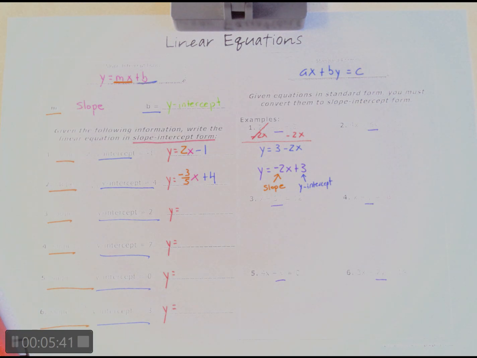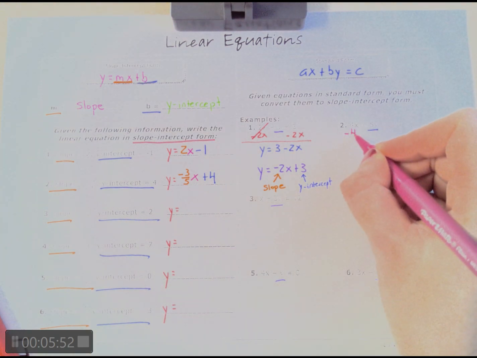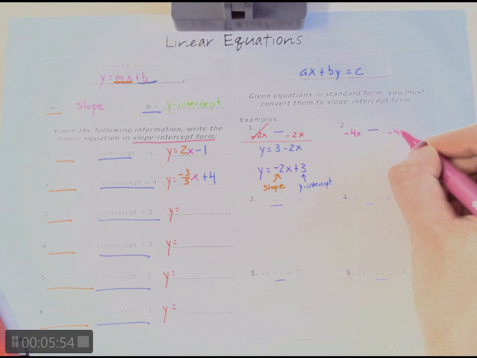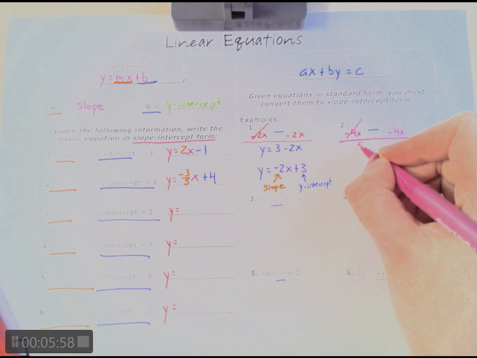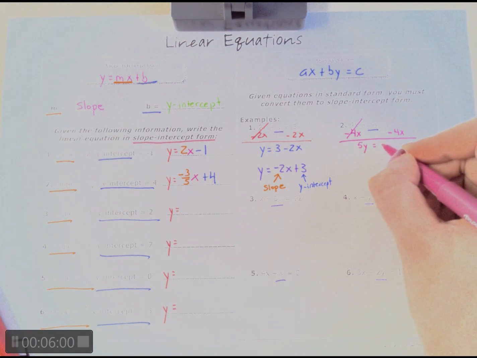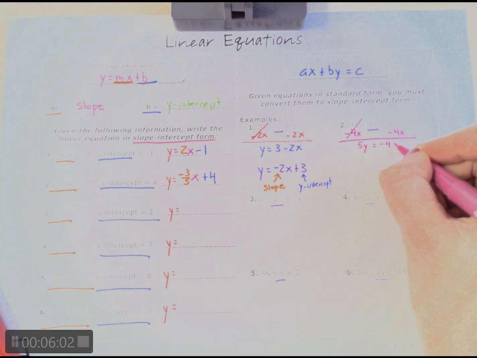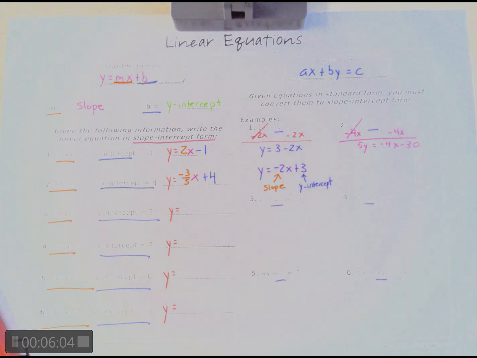Alright, let's try number 2 together. So I have 4x plus 5y equals negative 30. So first thing I'm going to do is subtract the 4x from both sides. My 4x's will cancel, and I'm left with 5y equals negative 4x minus 30.